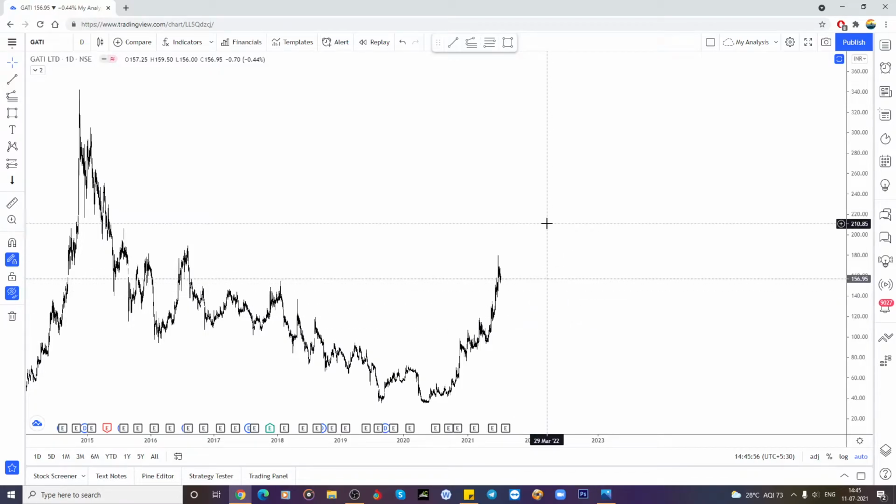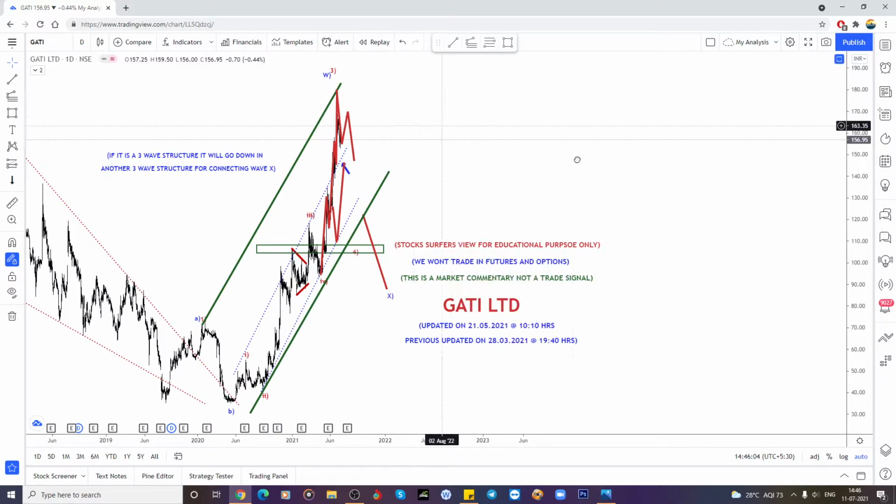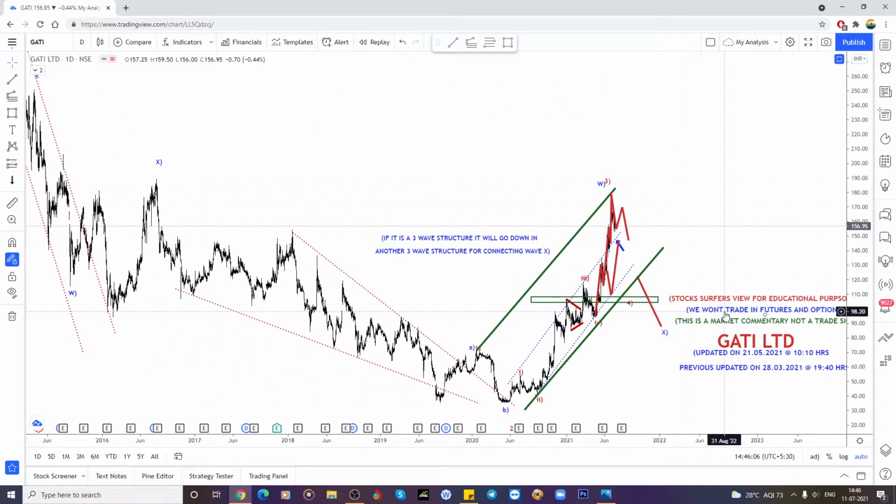So once it makes the 5-wave structure near around the 200 zone after making the third wave what I expected, then we have to watch for investment in the 3-wave structure, next 3-wave structures, not here. If you entered here also, looking for that target of 200, so nearly 30% is there. But if it comes like this, I will take a chance for 140 and wait for that 200 zone.